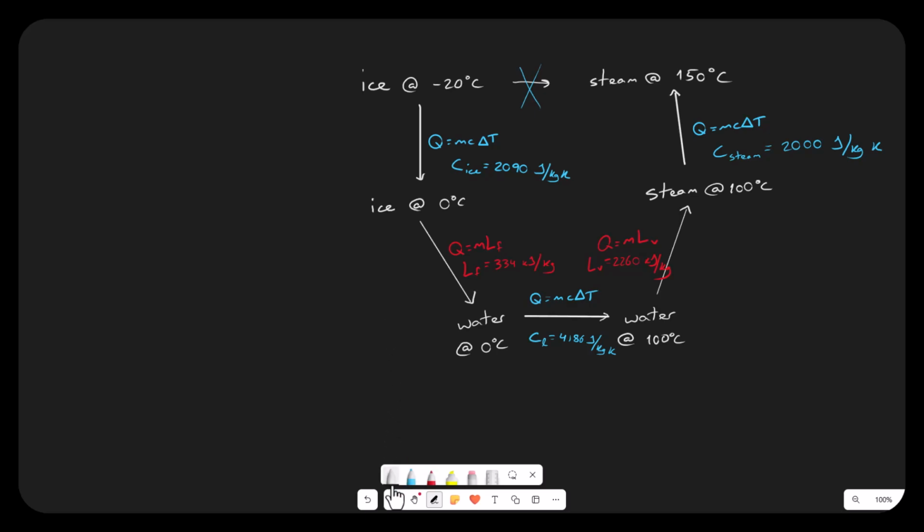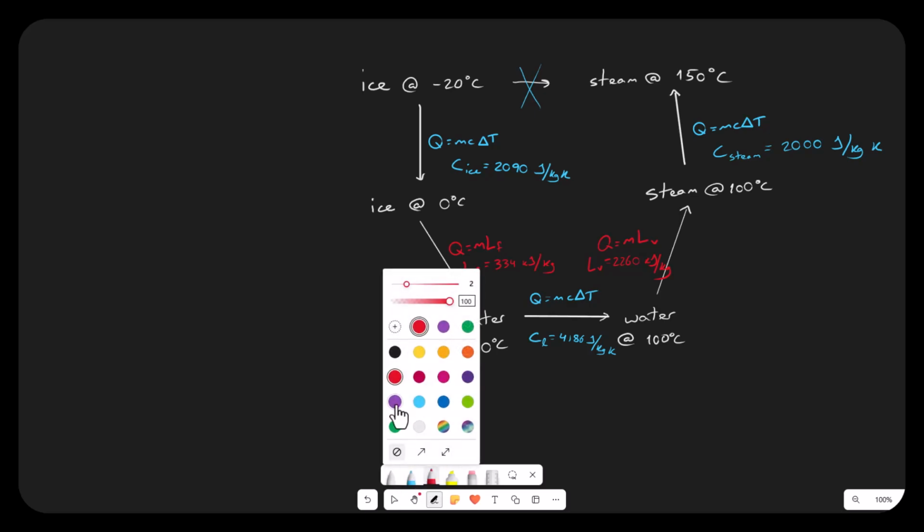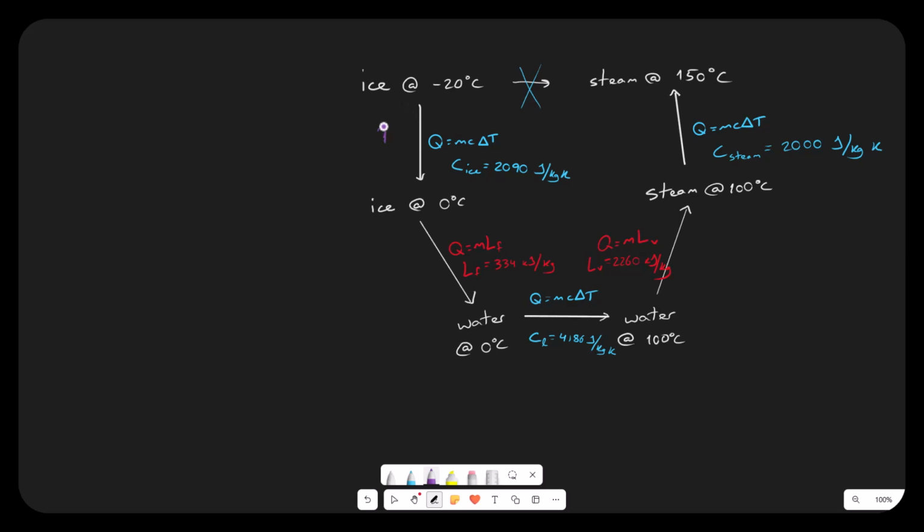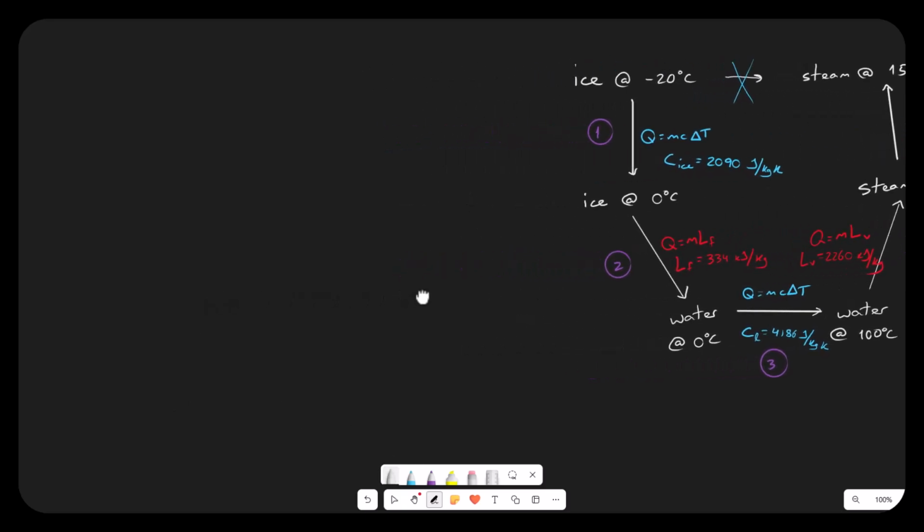So now I have all the numbers that I need. I'm going to label these steps 1, 2, 3, 4, and 5. And I'm going to find the energy needed for each process.